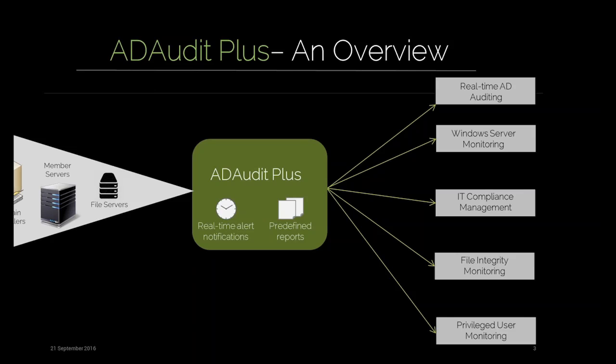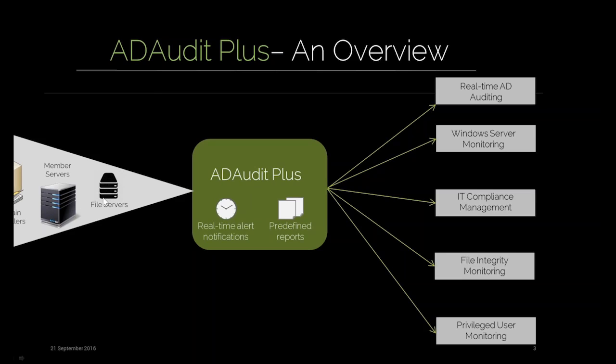That information is taken from the domain controllers. You can view the architecture right here. So this is ADAudit Plus, and what are all the various servers from where ADAudit Plus is going to get the data? Number one is domain controllers. From the domain controllers, it will pull the Active Directory details, I mean, changes that happen on your Active Directory.